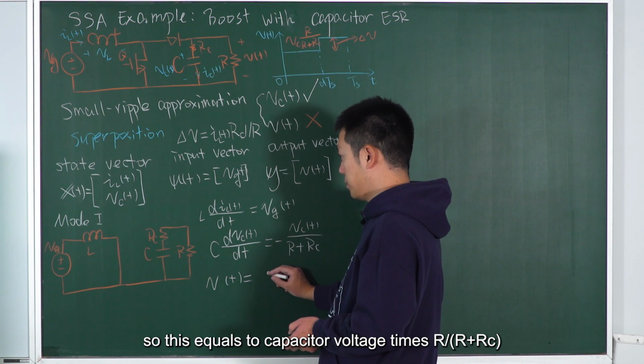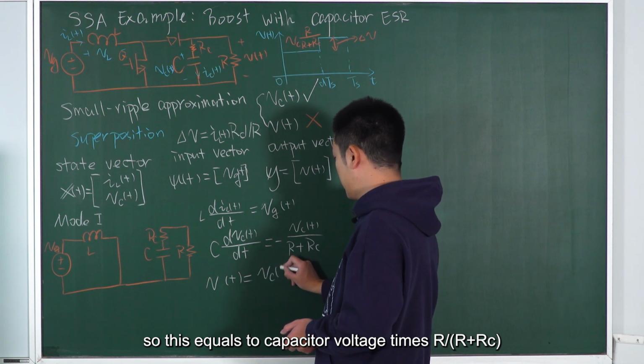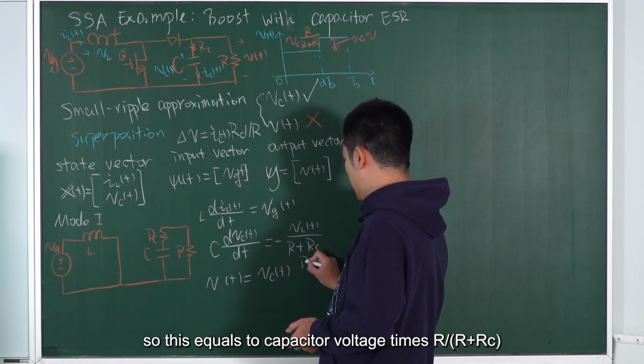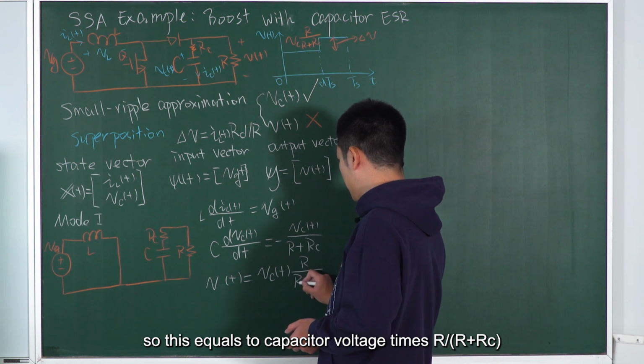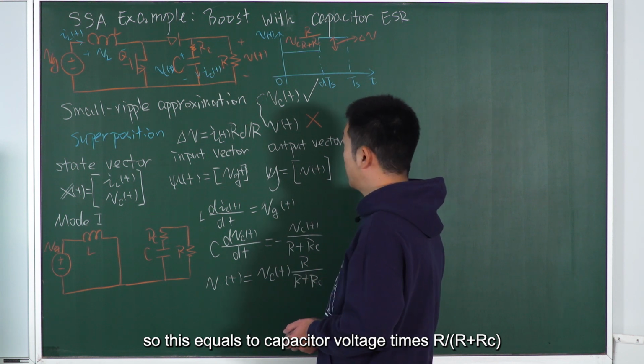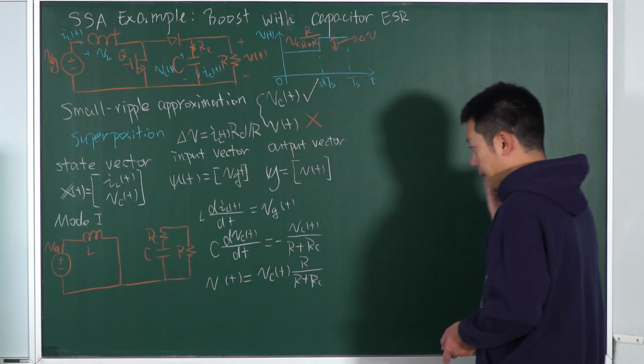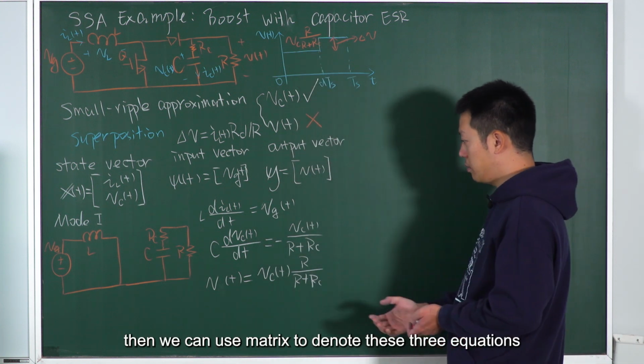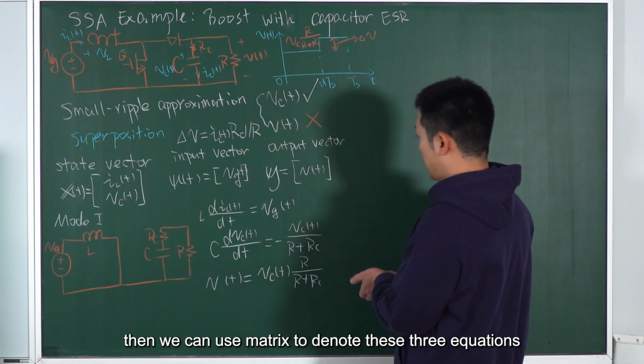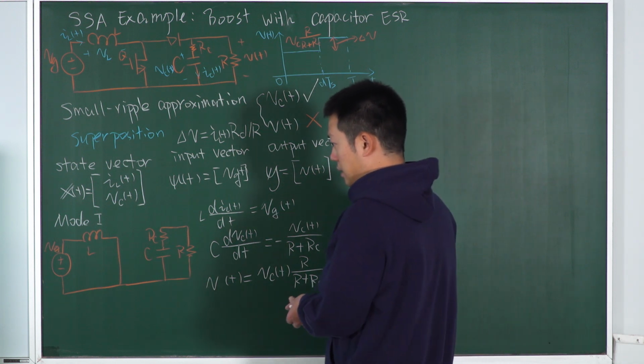So this equals the capacitor voltage times R over R plus RC, as what we already wrote here. Then we can use matrix to denote these three equations.